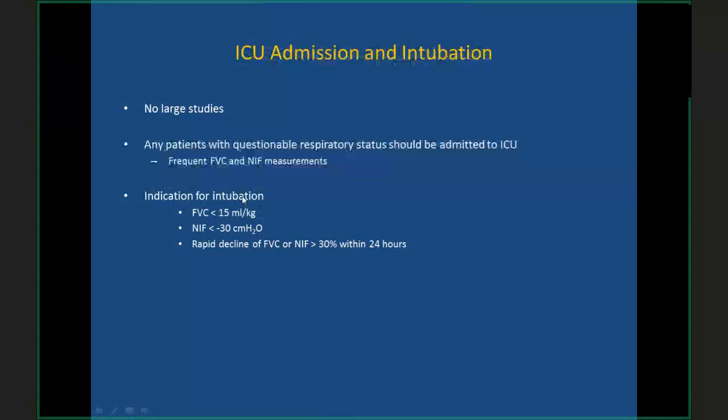Very similar to GBS. If the FVC is less than 15 or the NIF is less than 30, the patient probably needs intubation any time. Early or selective intubation is still better than emergent intubation, and that will reduce the pulmonary complications.